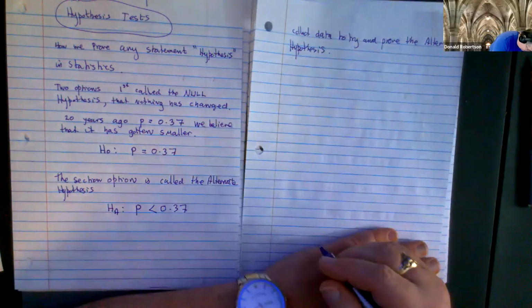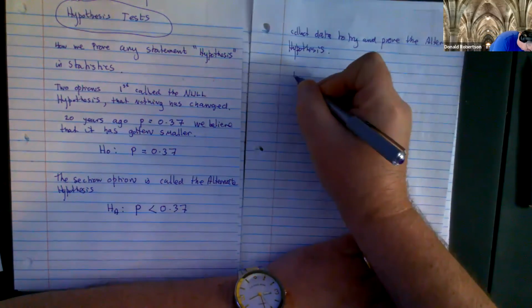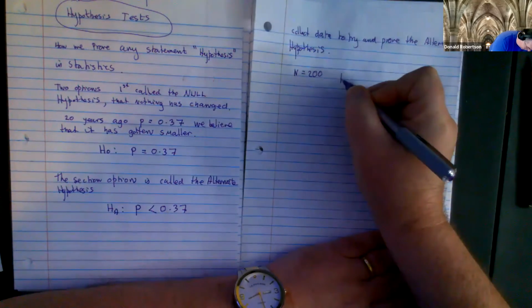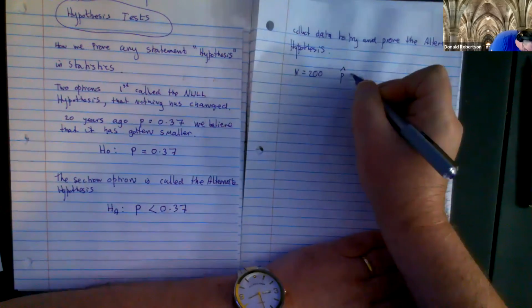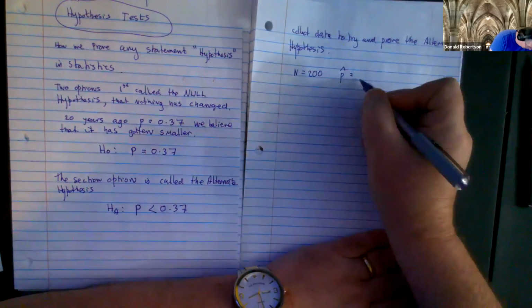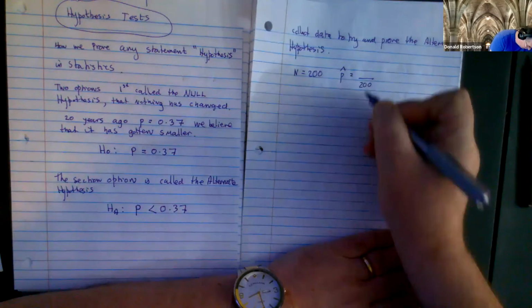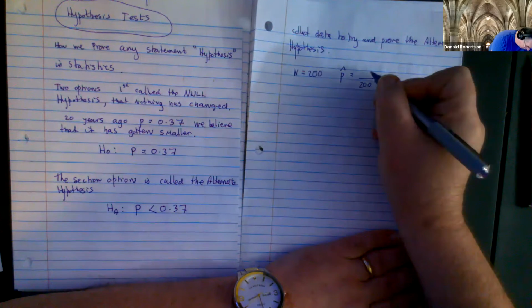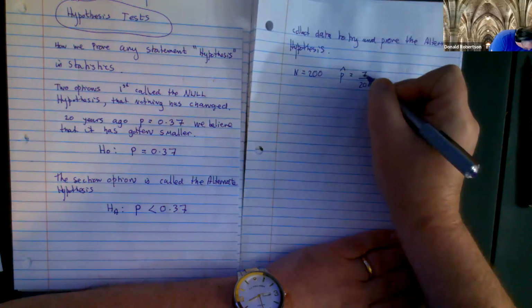So you go out there and you get a sample. And let's say your sample was 200 people. And that your sample proportion out of your 200 people was 70.